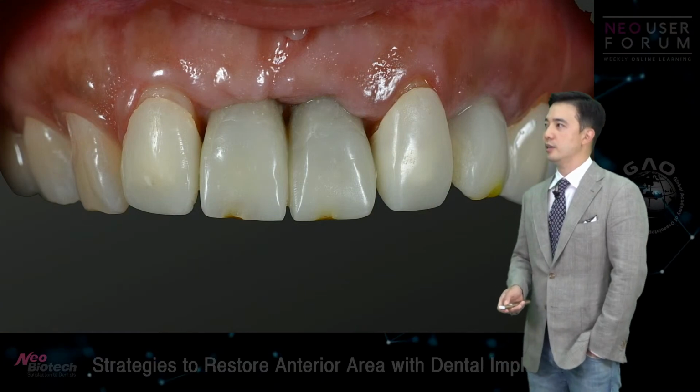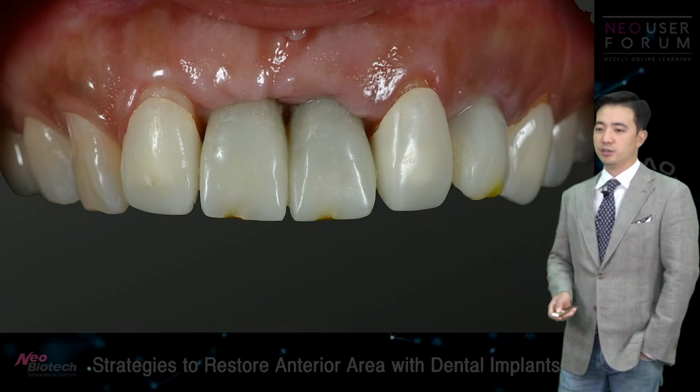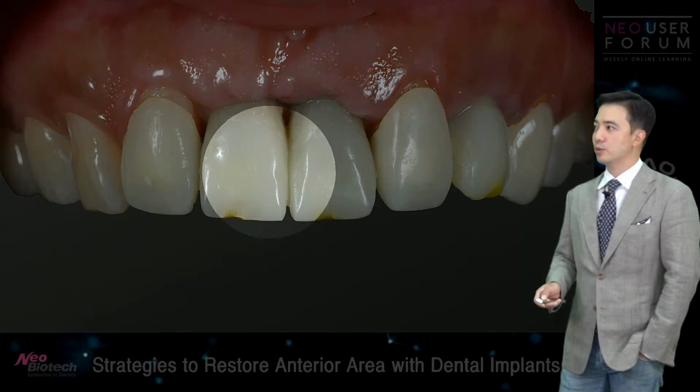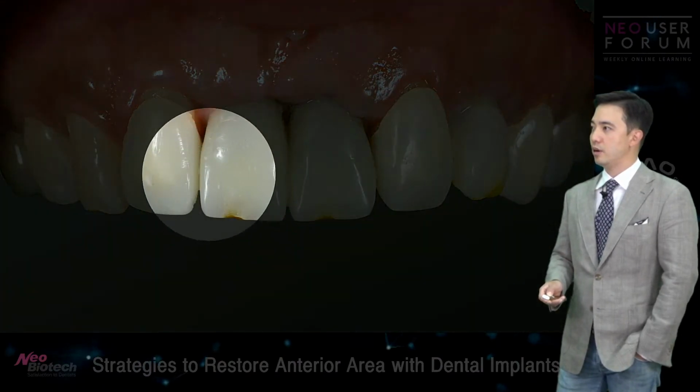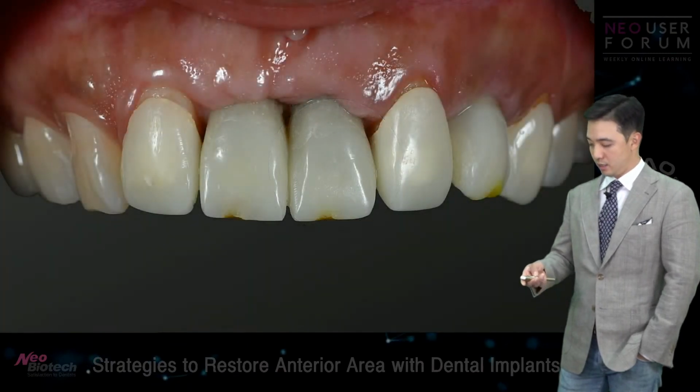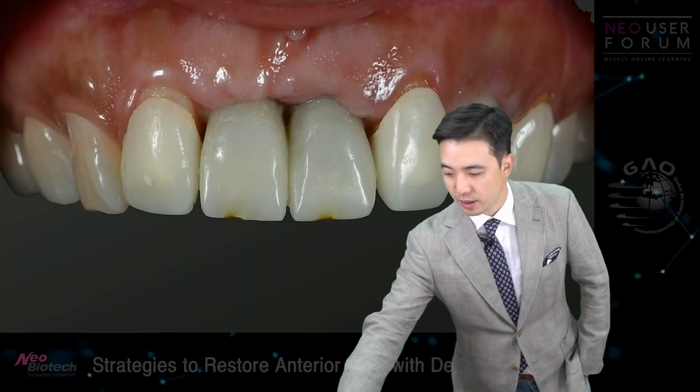However, when we try to connect those provisional restorations on the implant, so this was initially part of a pontic. So these two were pontics, let's go back a little bit.